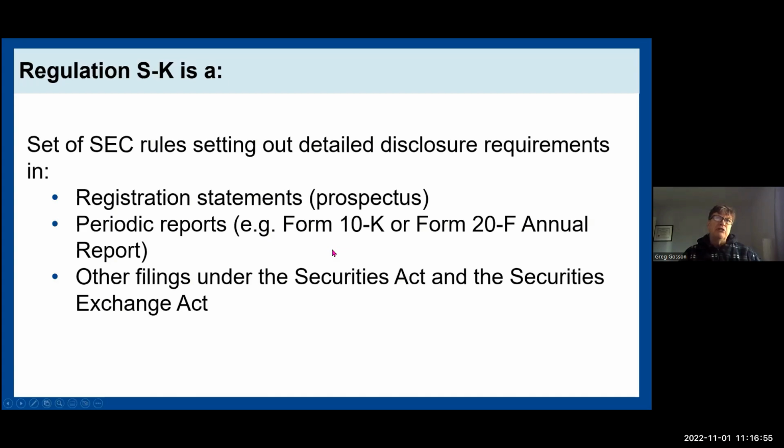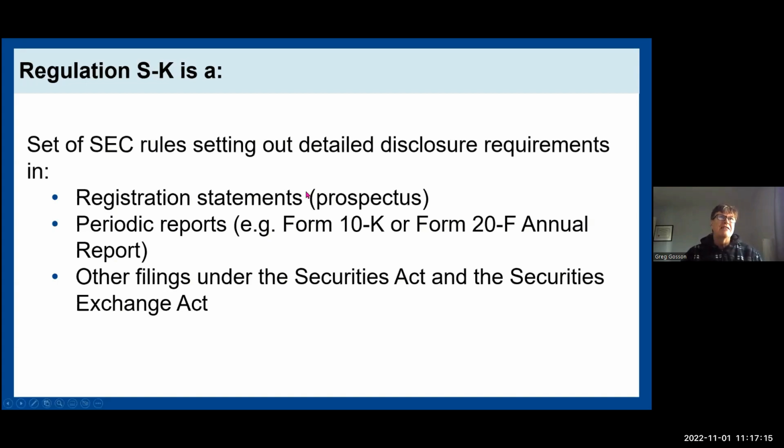Same thing when you do your annual report form under 10K or a Form 20F, it'll say, go to Regulation S-K, and if you're a mining issuer, a mining public company with mining properties, then you'll need to go to the property section, Item 102, and then follow the rules there.